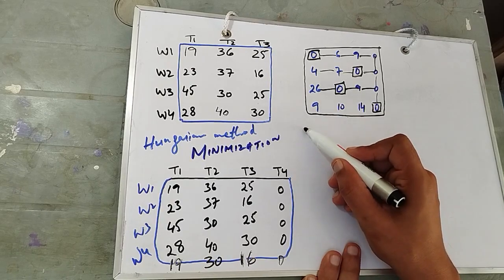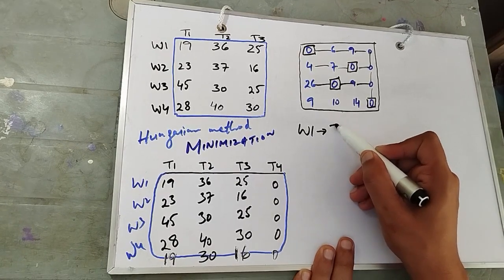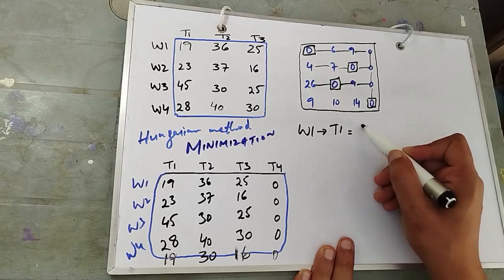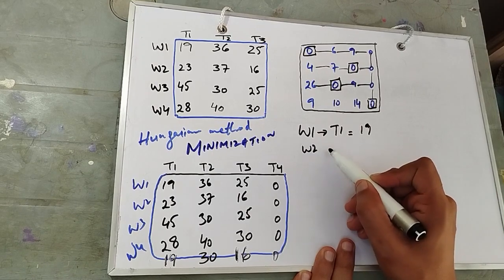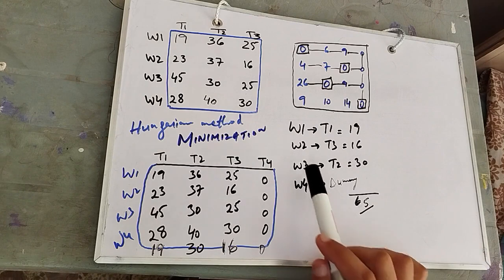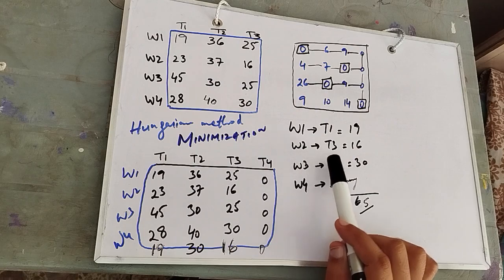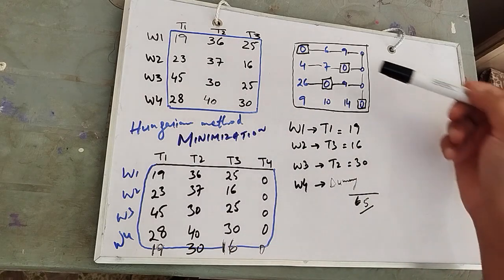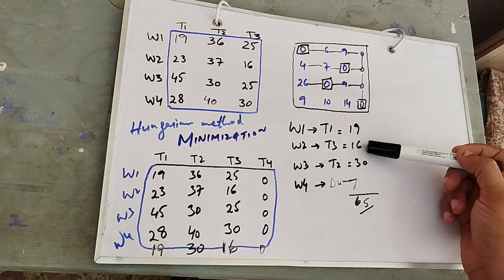So worker 1 will be assigned task 1, and the time would be 19. Okay, dear student, let's finish it up. Worker 2 is assigned task 3, and the time worker 2 is taking is 16 minutes.